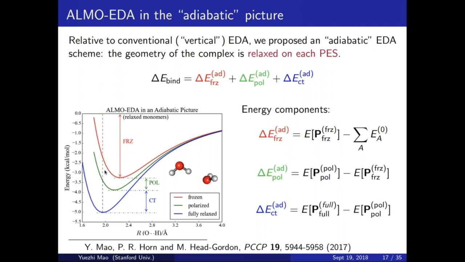Then we switch to the next intermediate surface, the polarized surface, and we perform another geometry optimization. And the energy difference between these two minima is defined as the adiabatic polarization energy. And then we do the same thing for the fully relaxed surface and get the adiabatic charge transfer term.